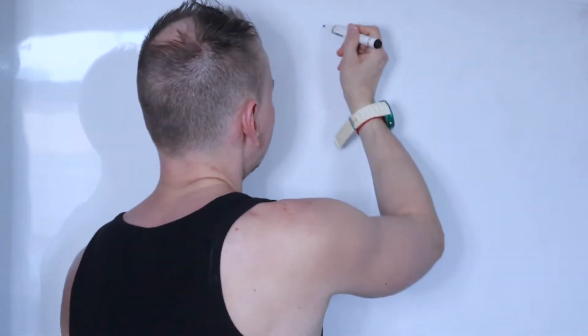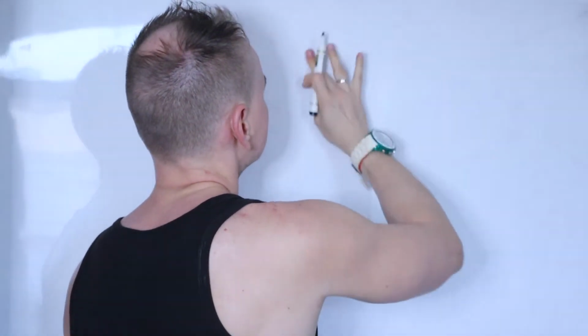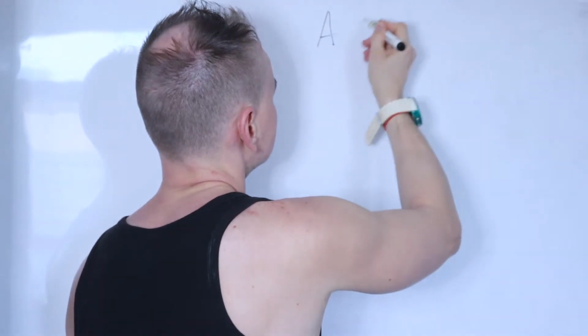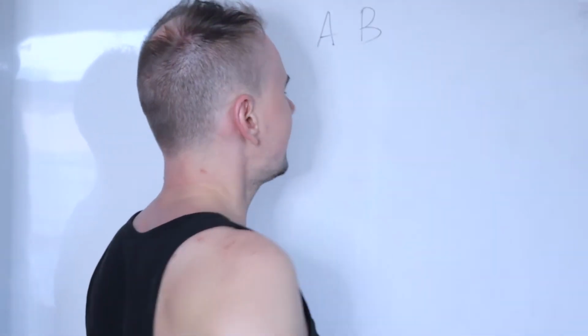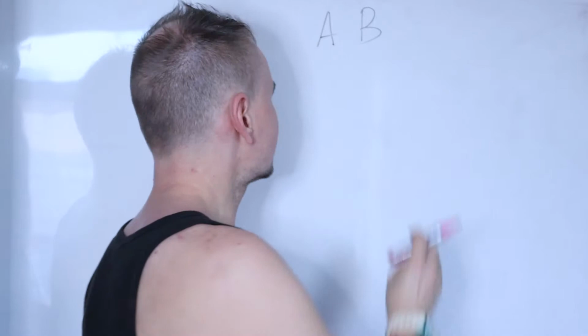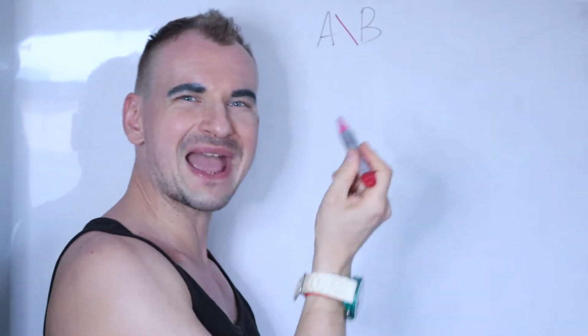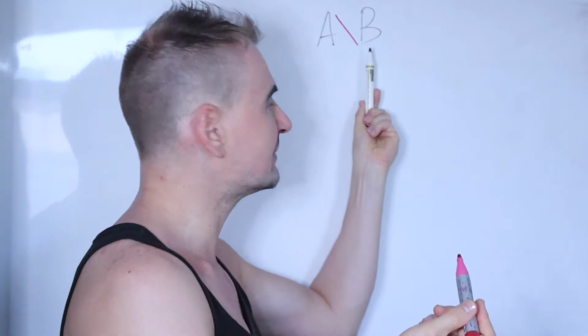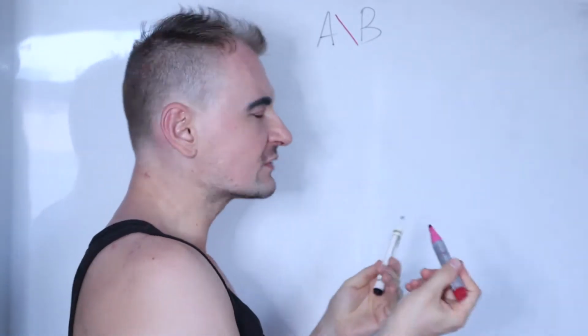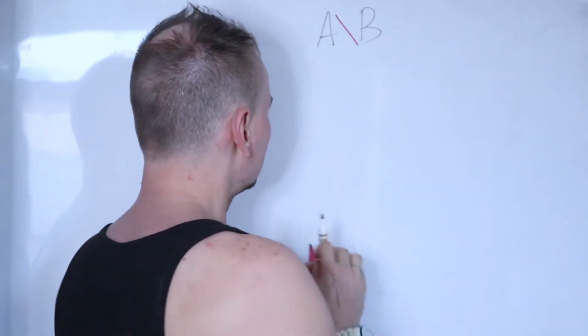Let's say you are given two random sets, A and B. The difference of two sets is denoted by this kind of backslash symbol between A and B, or sometimes you might see another notation.